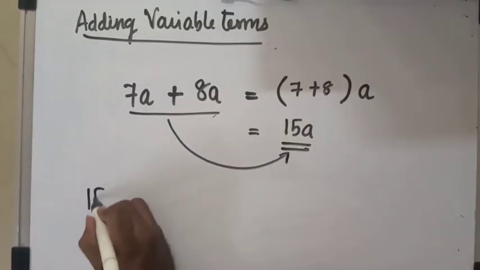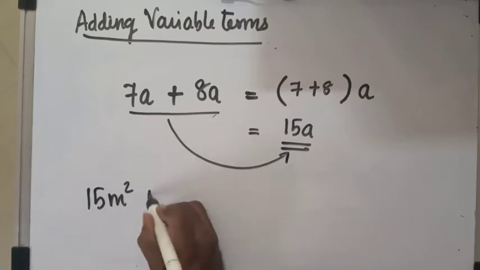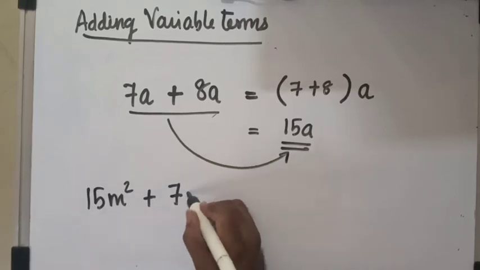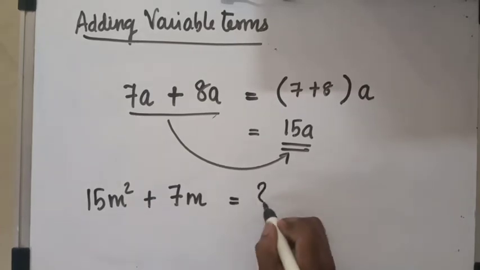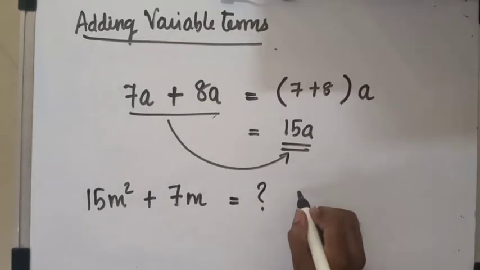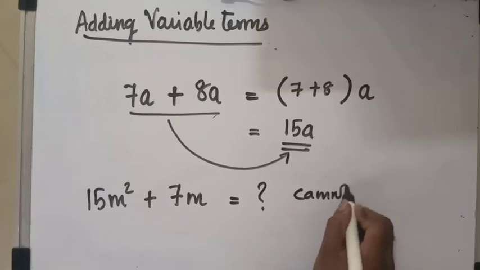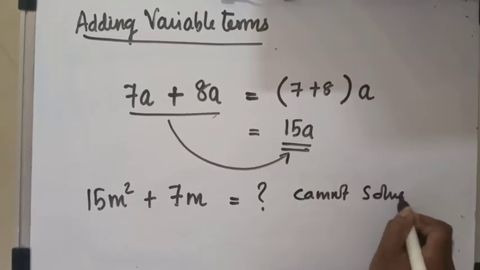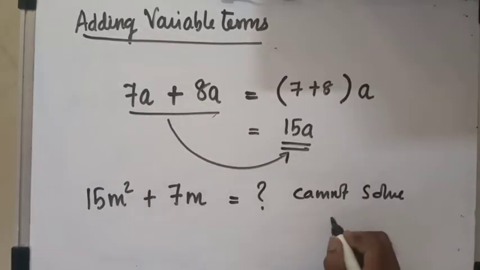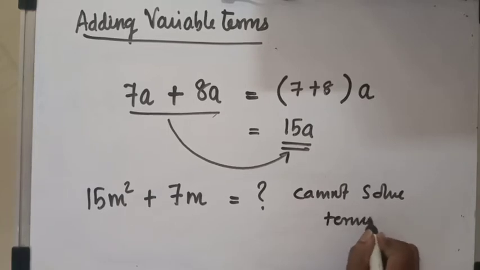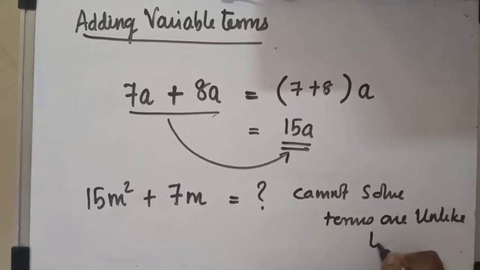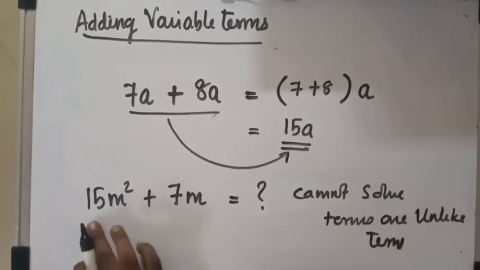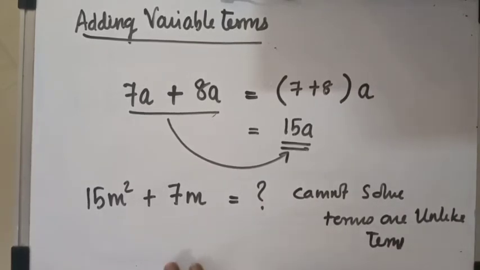In the same way, say you have 15m square and you have 7m. If I ask you for the answer, you cannot solve it, because the terms are unlike terms. I told you, you can add or subtract only like terms.